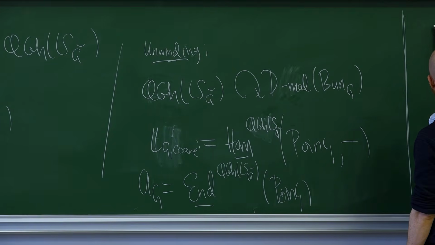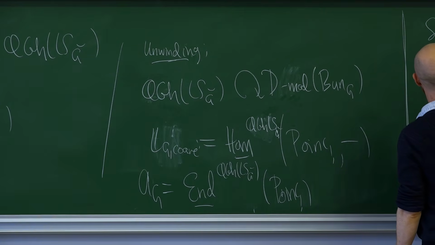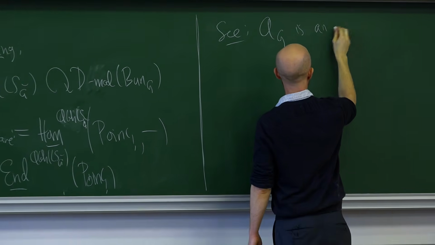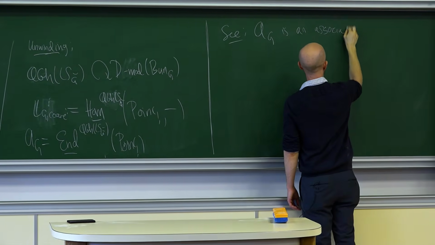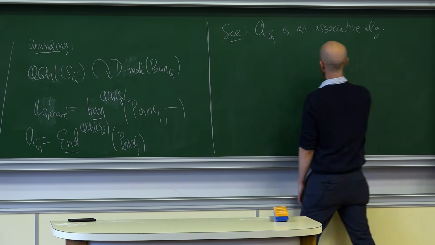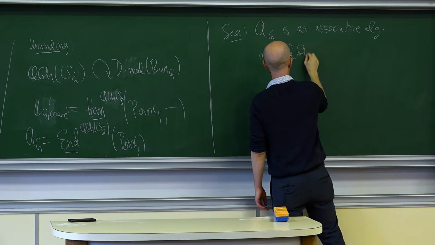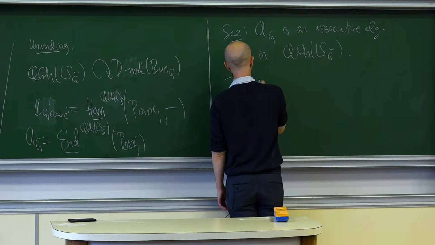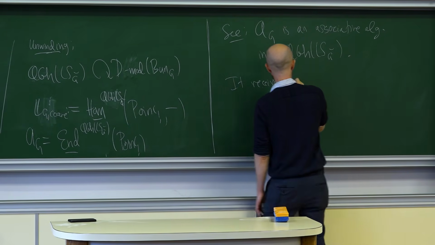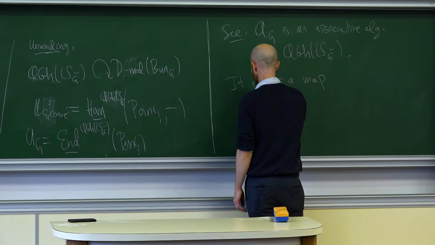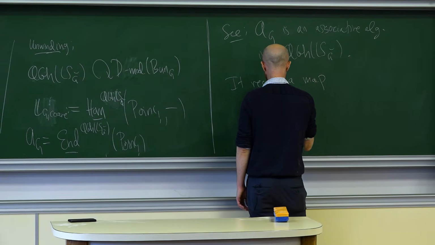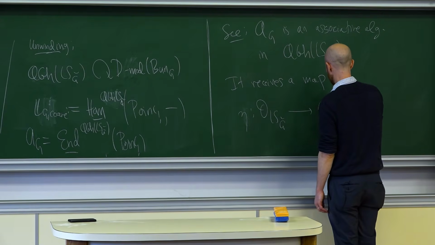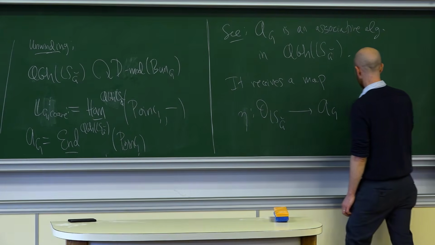And so what we see, first of all, is that this AG is really an associative algebra in this symmetric monoidal category. It receives a map, let's say epsilon from O_Loc_G, let's call it eta, to this AG. So this is the unit map for the algebra structure.